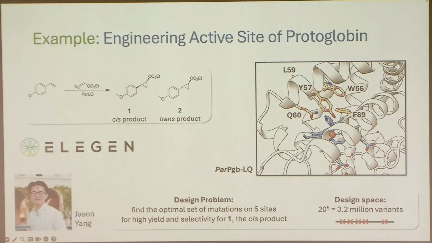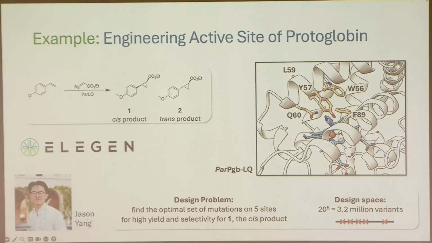One of the motivating applications is work led by Jason Yang, who is a PhD student co-advised by myself and Francis Arnold. Jason is here today, and he'll also be presenting later this week. It's on engineering an active site of a protoglobin to select for the cis product over the trans product.